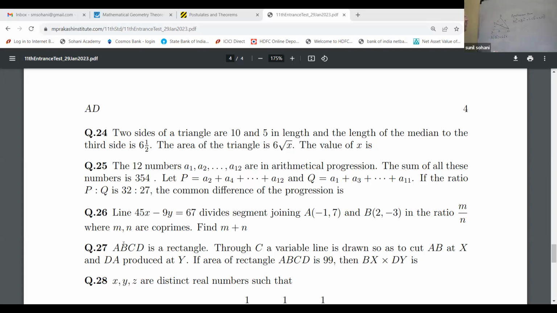Now we apply this and see what happens. There are some values here. So 5 square, AC square is 25, BC square is 100, CD is 6.5, 6.5 square is 42.25. So 2 into 42.25, and AD square is not known.